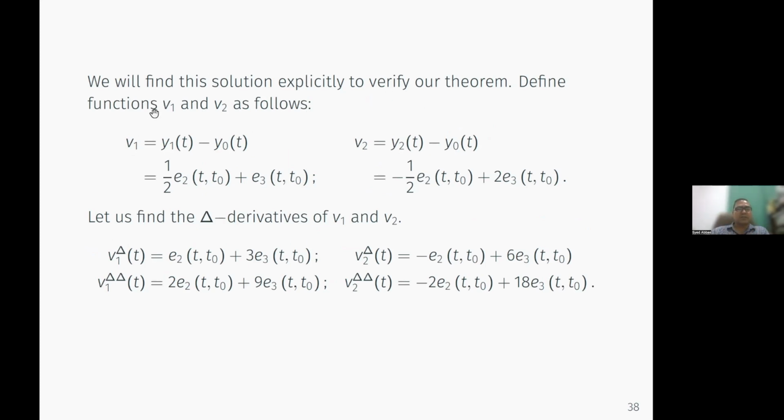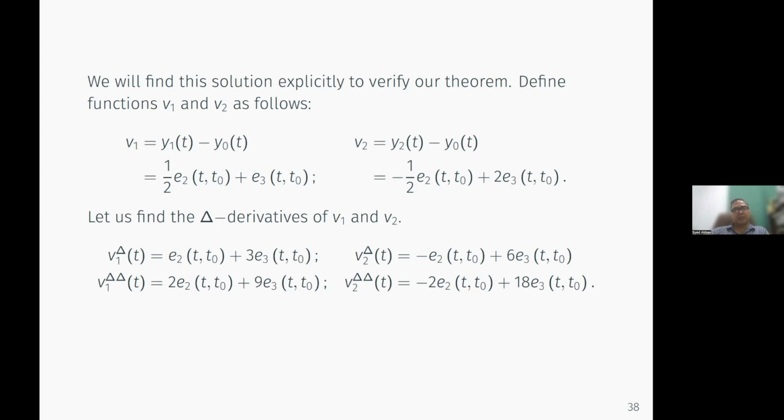So we can define the functions v1 and v2. v1 is y1(t) minus y0(t), and v2 is y2(t) minus y0(t), given y1, y0 and y2. We get these values, and then we compute the delta derivatives v1 delta, v1 delta delta, and similarly v2 delta and v2 delta delta.